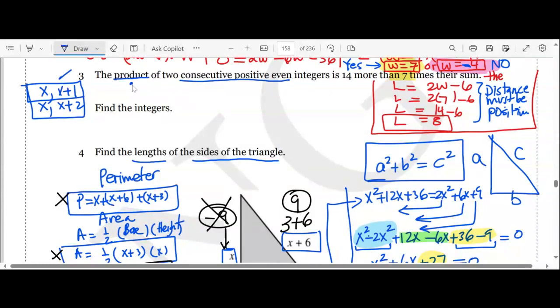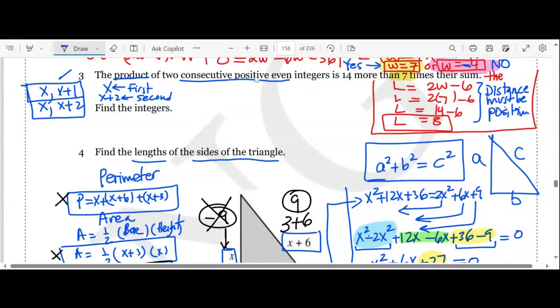What does product mean? So the first one is x, the second one is x plus 2, correct? This is the first, and x plus 2 is the second number. We don't know them.